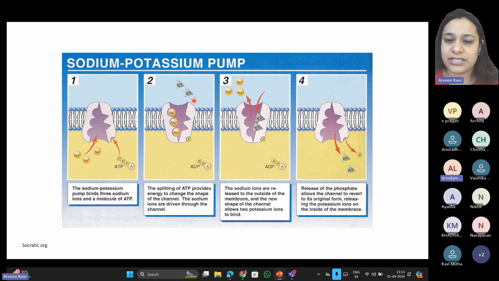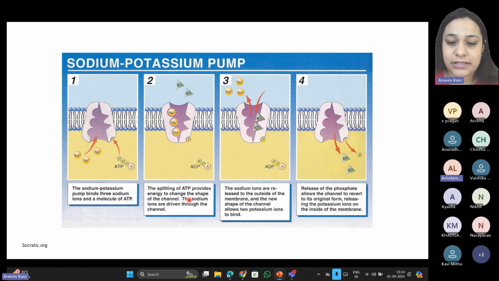Once it has reached outside, Na will leave this protein, and two K plus ions can come and bind to it, right? The splitting of ATP provides energy to change the shape of the channel. Earlier it is like this, and because ATP is releasing energy, it becomes like this. That is the change in shape being talked about.